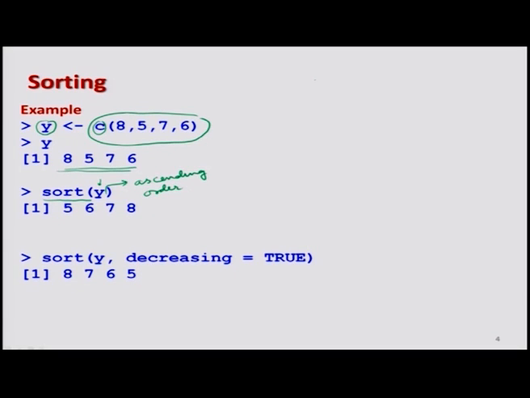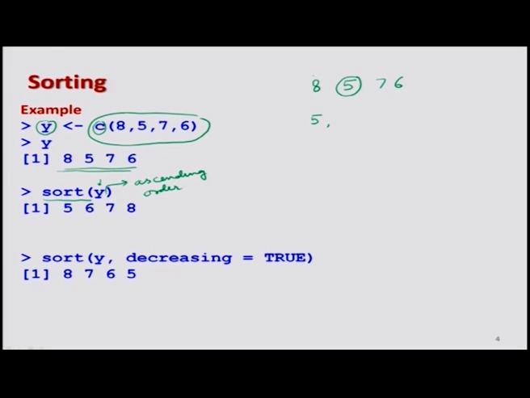Now, here we have 4 values 8, 5, 7 and 6. When I say sort y, R goes to this data set and finds the minimum value. The minimum value here is 5, so it keeps it at the first place.